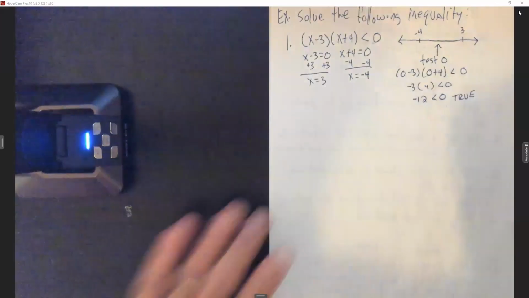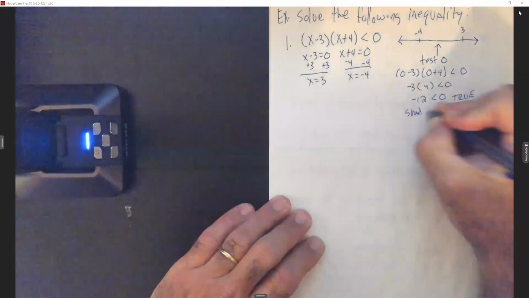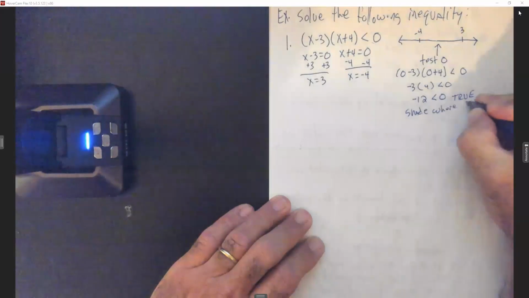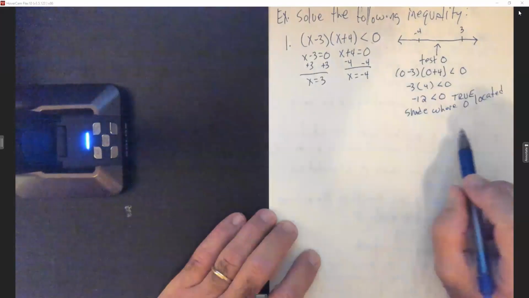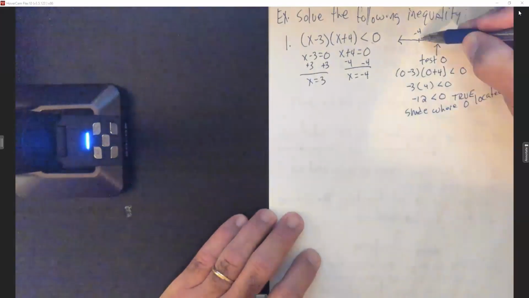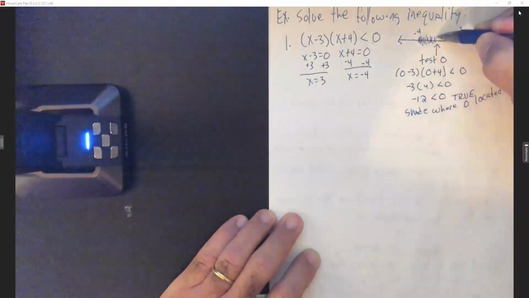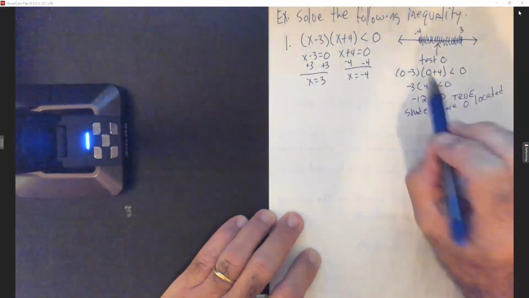Since it's true, shade where 0 was located. So going back up here, I would take my number line and shade in between that negative 4 and that positive 3, which means that's the only solution I get.